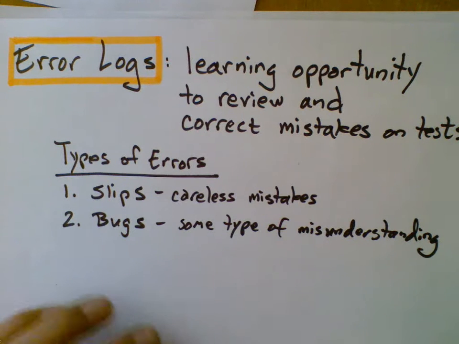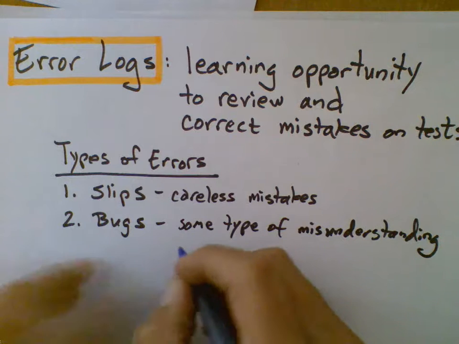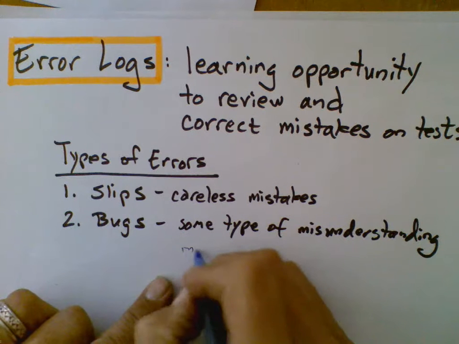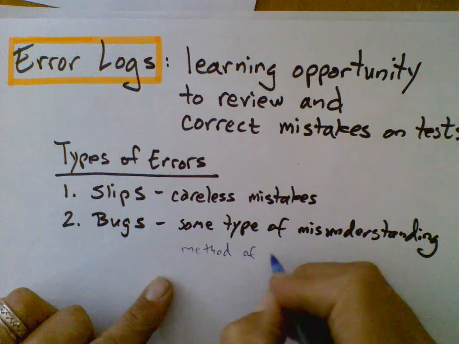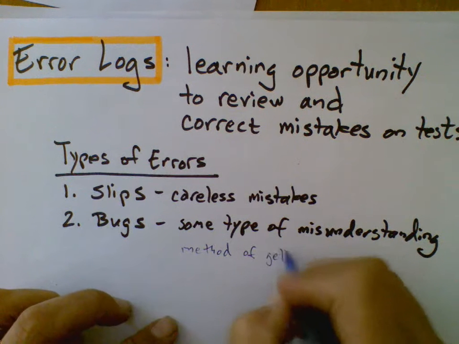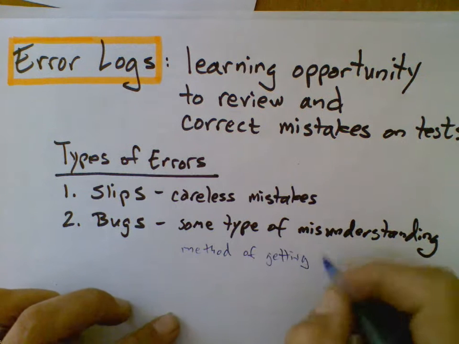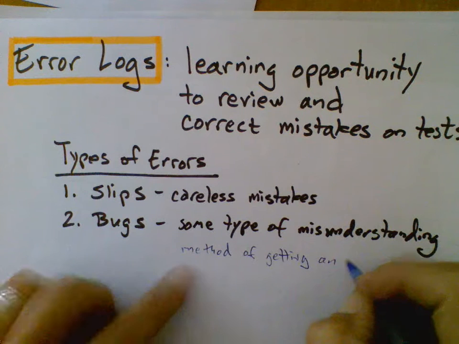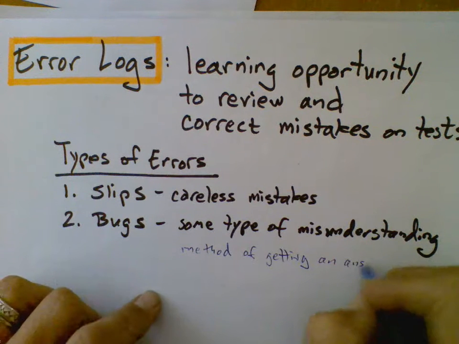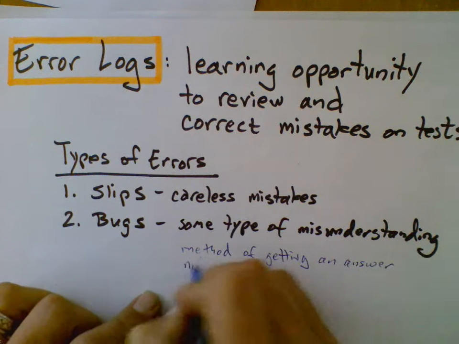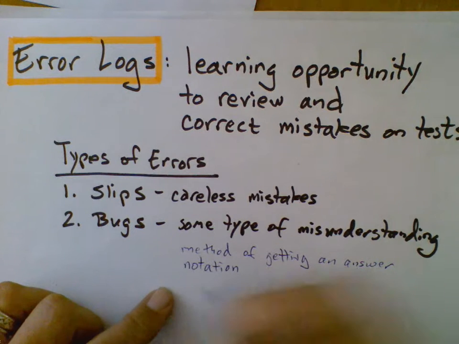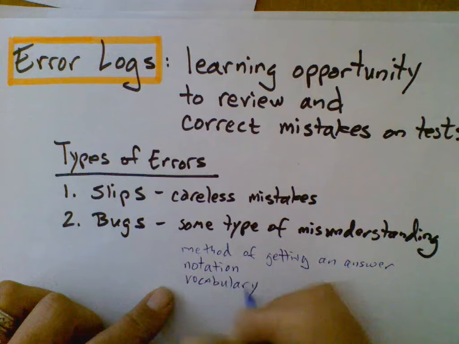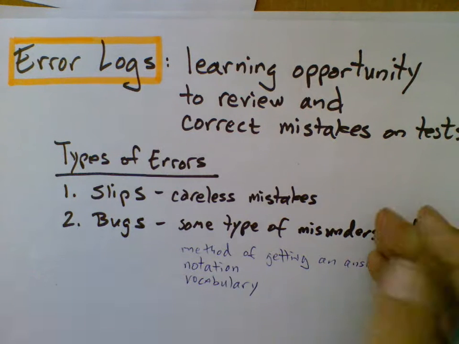Things that could be bugs might be a method of solving that is not understood, a method of getting an answer. Sometimes math notation can be problematic. How do you read that? Vocabulary, if a student is stuck on a particular vocabulary term and is uncertain.